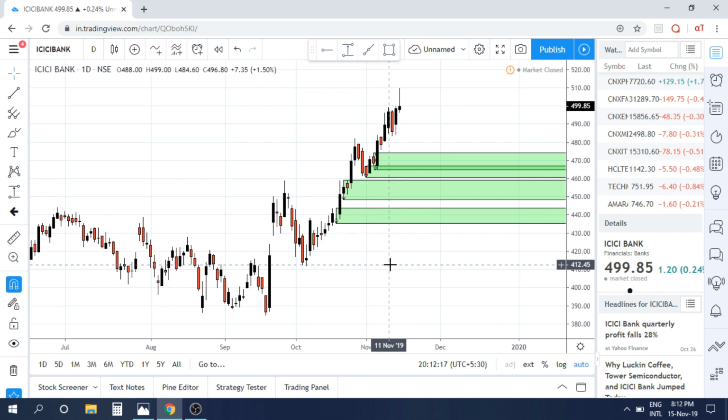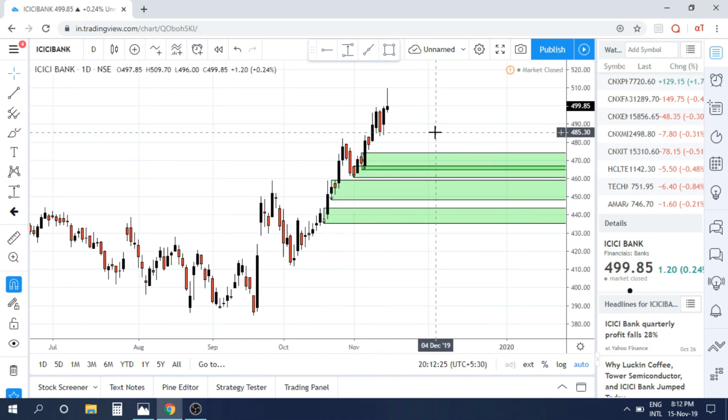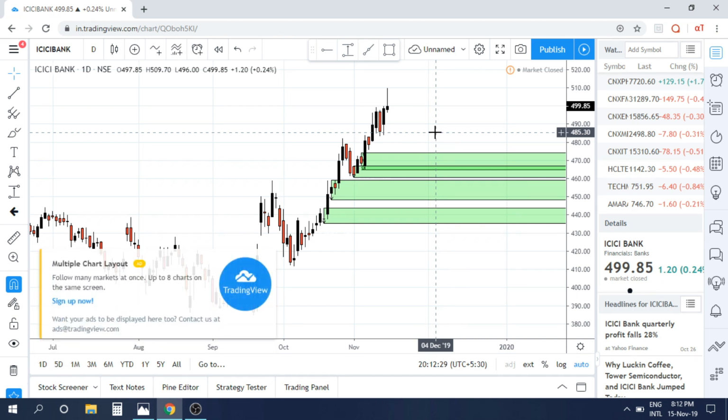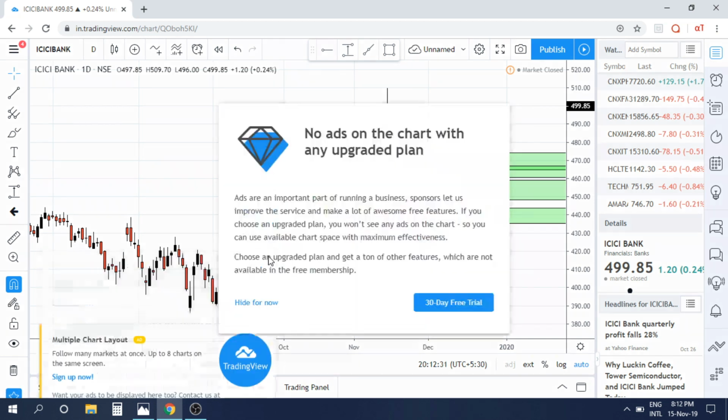So what is the significance of stacked zones? When institutions start creating zones, we know that there is a good probability of pending orders in those particular zones.